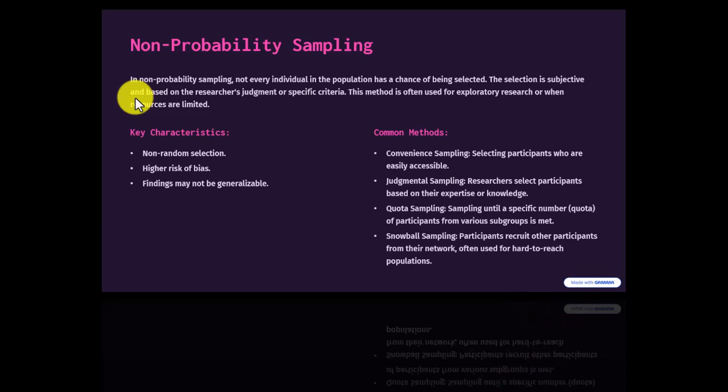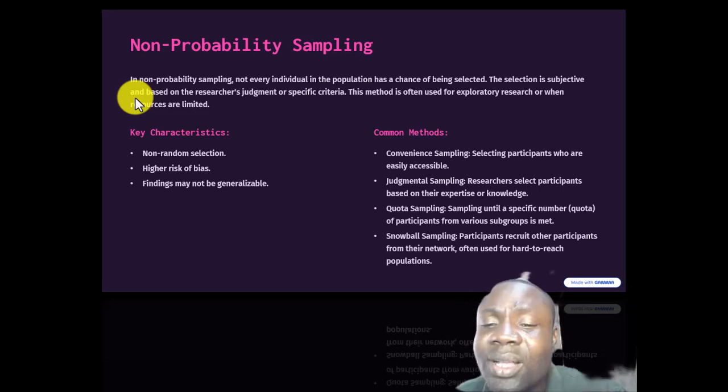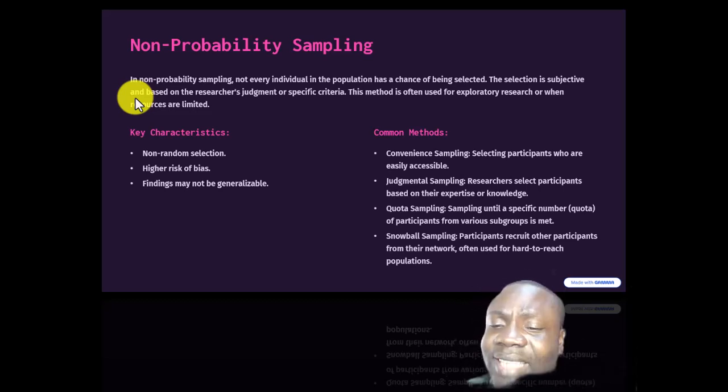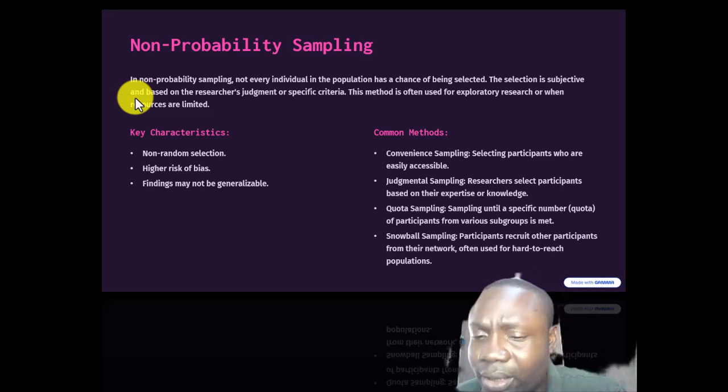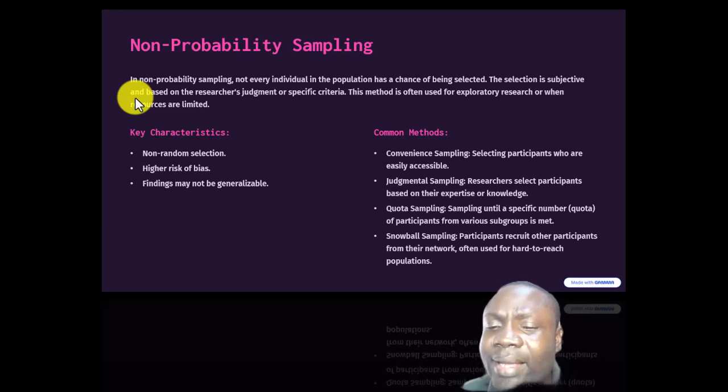Also, we have the quota sampling. The quota sampling involves sampling until a specific quota of participants from various subgroups is met. The final one is snowballing, whereby the participants are recruiting themselves.